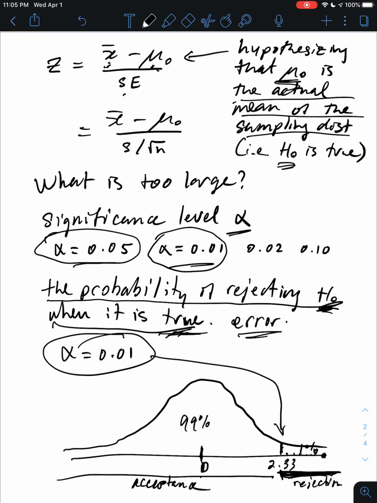All right, so that is a more detailed outline of exactly what we're doing when we do a hypothesis test. And I know it's possibly still confusing, so let's walk through a nice example. Let's take an example from the textbook.